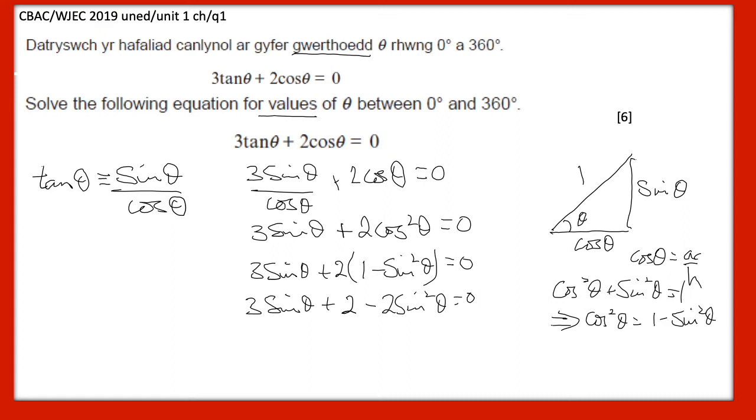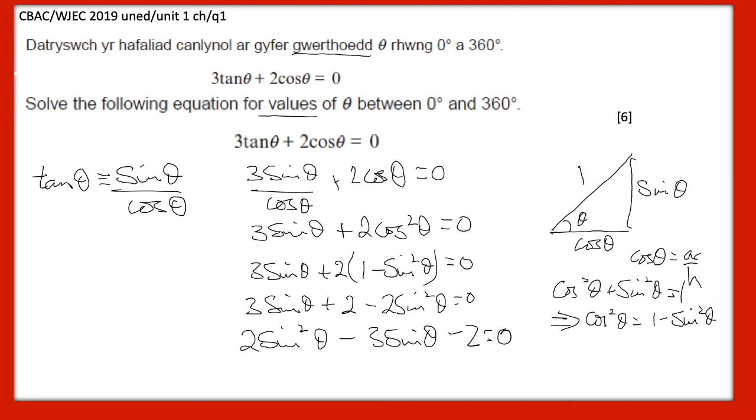Now I've got my quadratic, but it's not as nice a quadratic as I would like because of that minus, so I'm simply going to multiply everything through by minus 1: 2 sine squared theta minus 3 sine theta minus 2 equals 0. I've formed my quadratic. All I've got to do now is solve it.